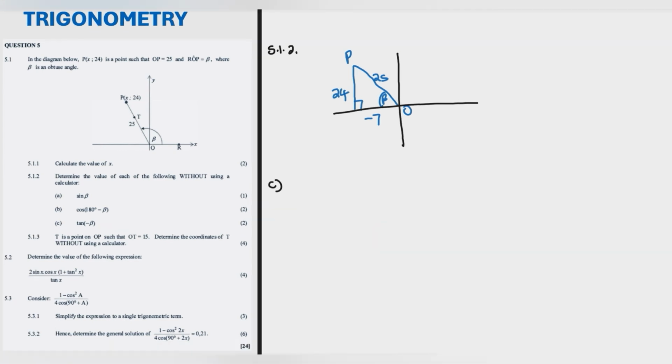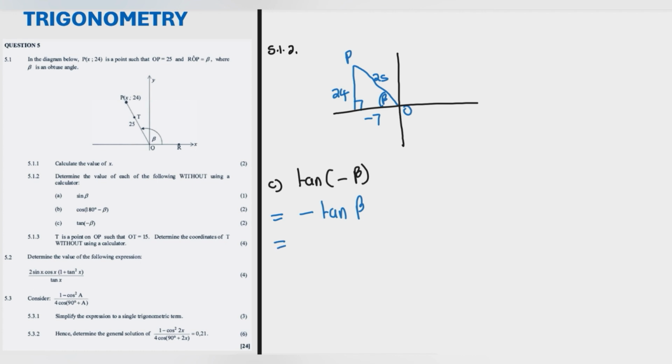Now going to C, we must look for tan of (180 minus beta). Out of the negative angles, the only one that will remain positive is cos, but your sine and your tan will be negative. Meaning if we simplify, we'll have negative tan of beta. How do we define that?